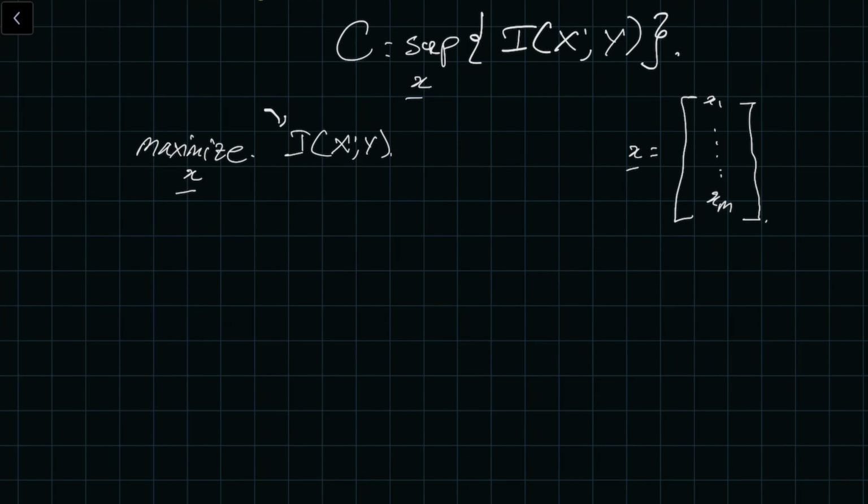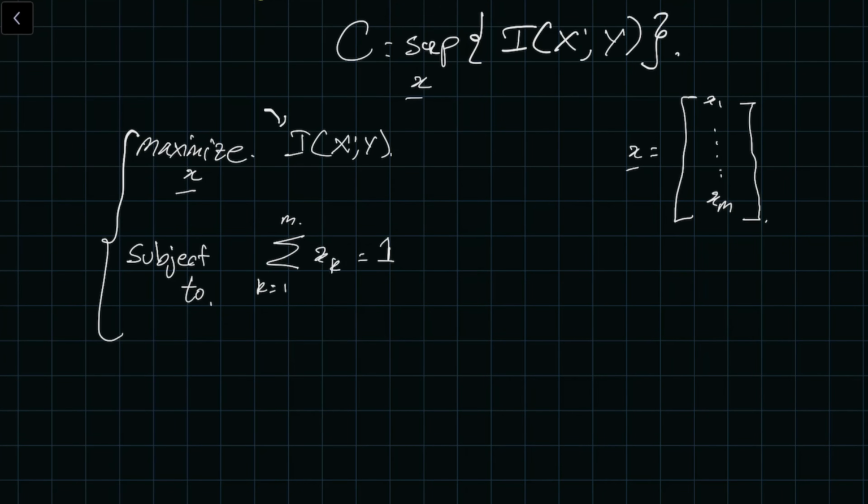But that's incomplete because we still need some constraints so that we're sure we're maximizing over a PDF and not something random. In other words, we want to make sure that the x we find using this problem is a PDF, that is, it sums up to 1. And second, you could sum up to 1 but have negative values, whereas in probability we don't have negative values.